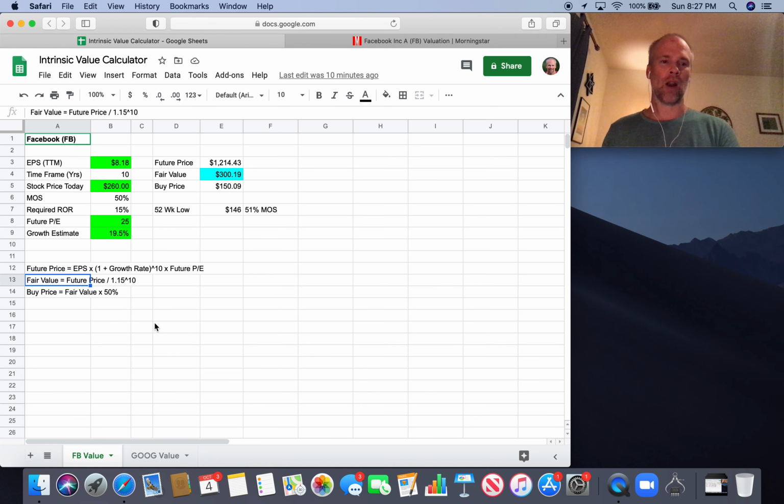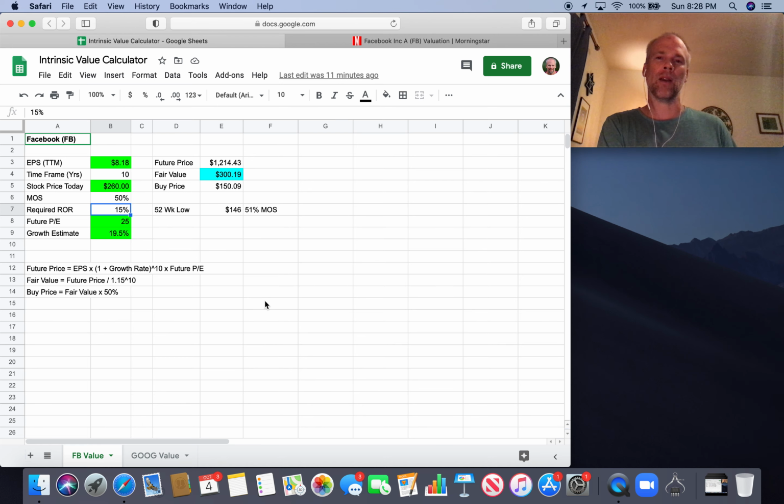And then we've got our fair value calculation. For this, we're discounting back the future price 10 years using our discount rate. The discount rate is going to be our required rate of return. This is something I got from Phil Town. He says you've got to get at least a 15% return on something for it to be compelling, or for it to be worth taking the extra risk, where you can get 10% from the market really by doing nothing, right?